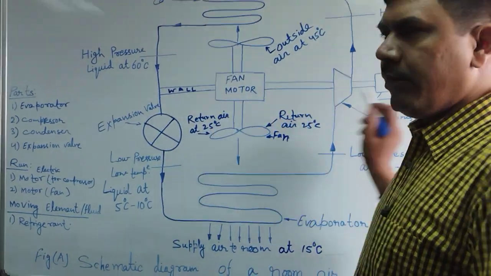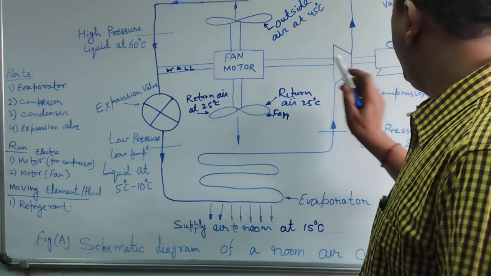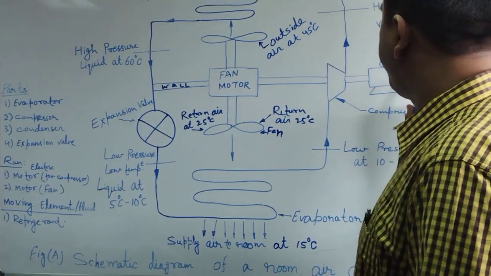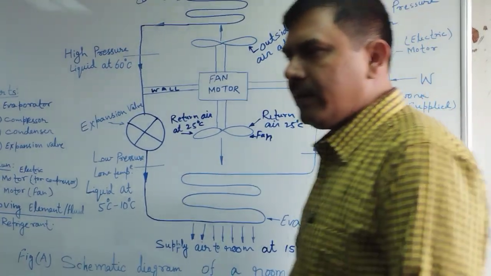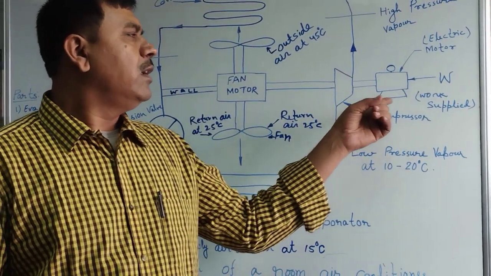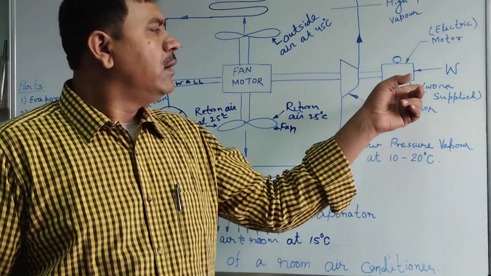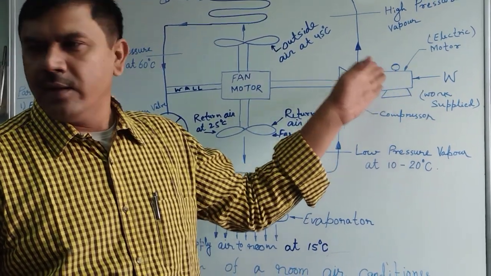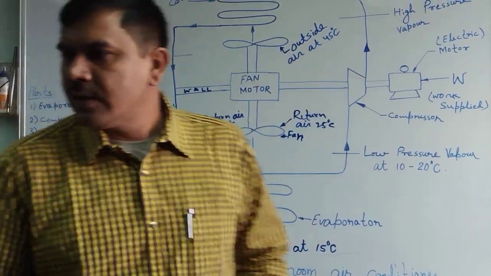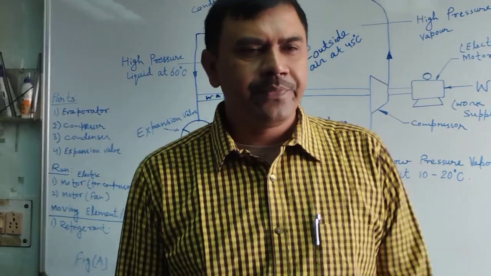For running the fan and the compressor, we require electric power. To rotate the compressor, we use a motor, and the motor rotates the compressor. Okay? Okay.